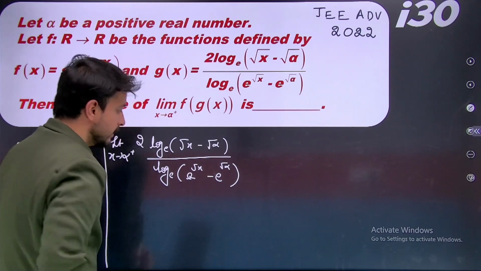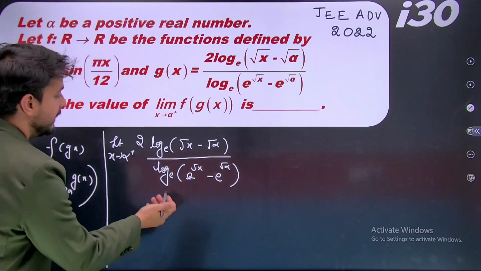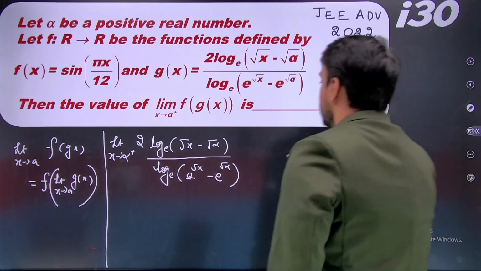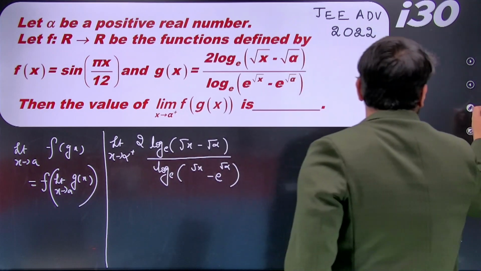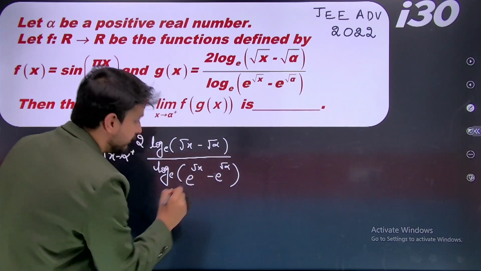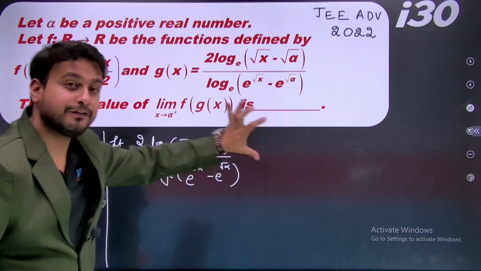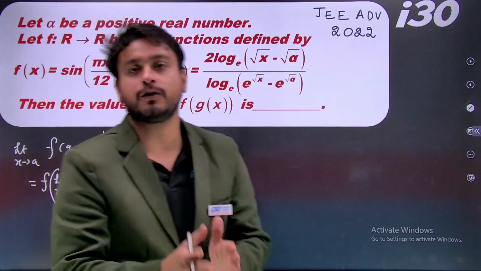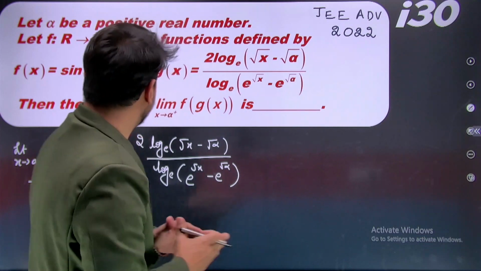As I told you, it's an infinity by infinity form, so we can definitely look into the L'Hopital rule. We can differentiate the numerator and the denominator because L'Hopital rule is applied for 0 by 0 form as well as infinity by infinity form.